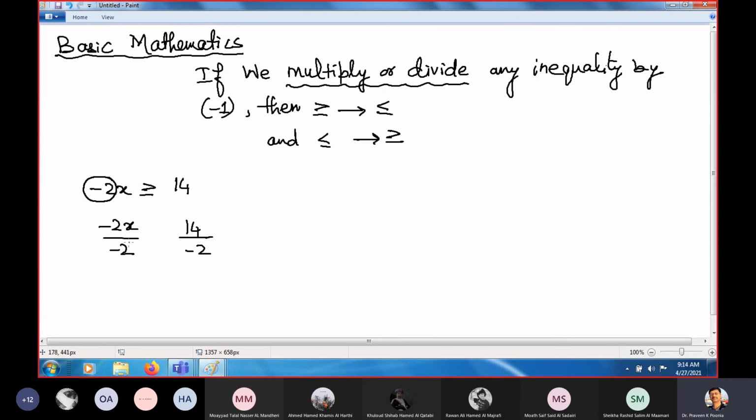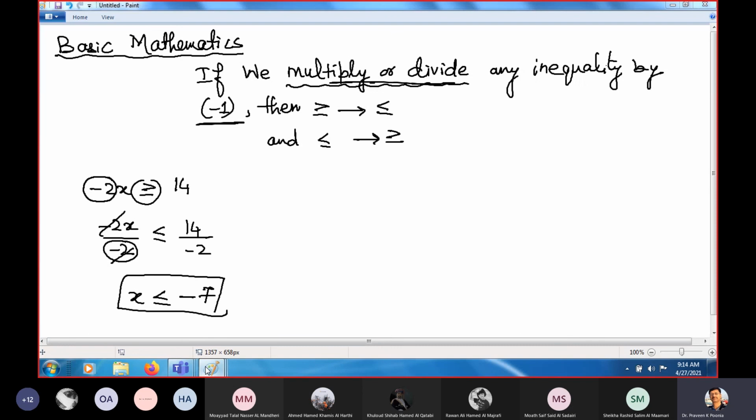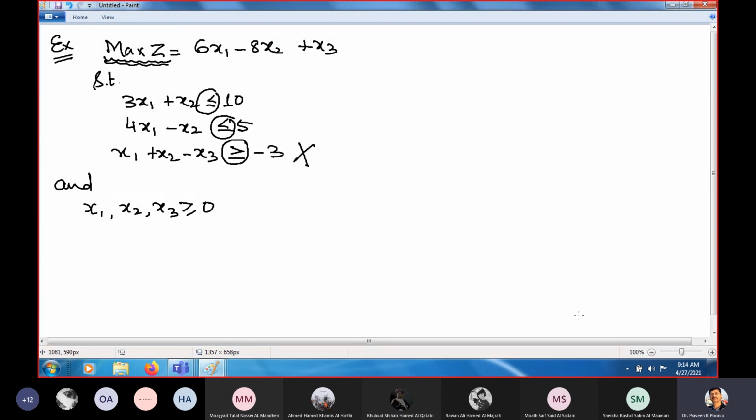The moment you divide or multiply by a negative number, immediately this greater than will change into less than. So minus 2 cancelled by minus 2, so x less than or equal to negative 14 divided by 2, it is 7. So x less than or equal to minus 7. This is how we learn to solve questions in basic mathematics. Same methodology we are going to use here.